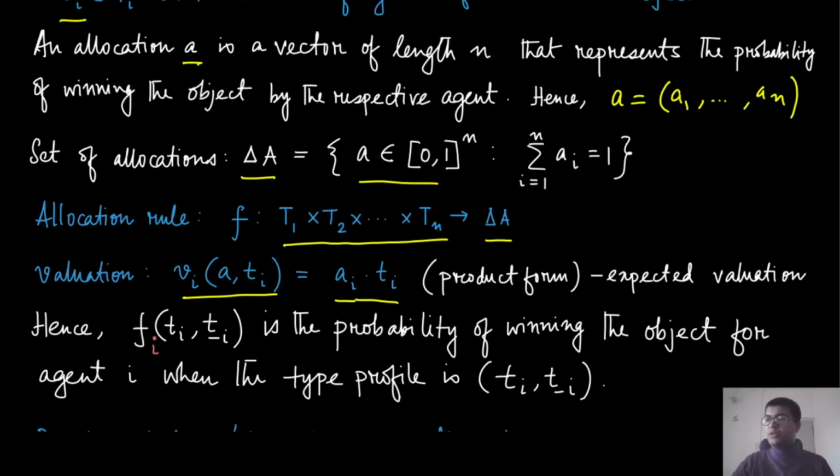So this is the probability with which i can win that object, and if he wins that object, he gets this value of ti. If he does not win that object, he gets 0. So that's the expected valuation.